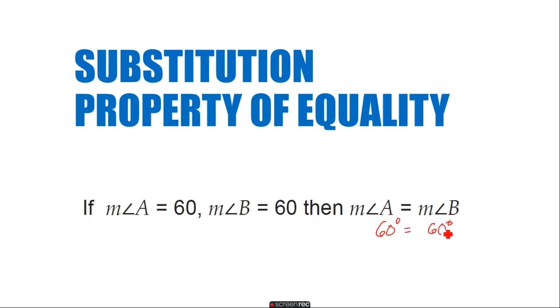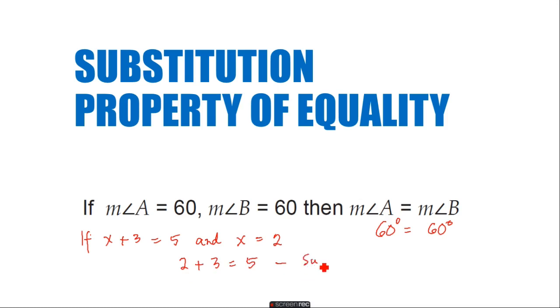In some cases, in the use of the substitution property of equality, we're going to substitute the values. Say for example, if we're given that x plus 3 is equal to 5, and x is equal to 2, then using the substitution property, we just say 2 plus 3 is equal to 5.